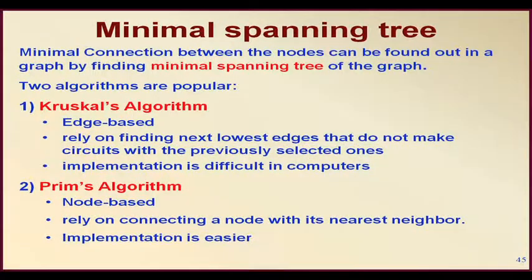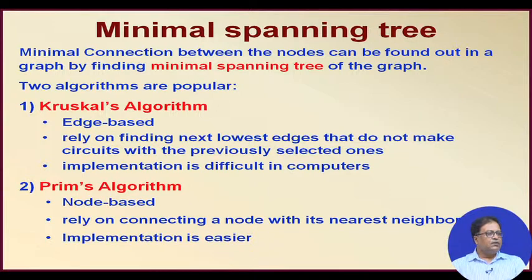So, you see, this is the slide that I was talking of just now, that minimal connection between the nodes can be found out in a graph by finding minimal spanning tree of the graph, and there are two algorithms, Kruskals and Prim's.